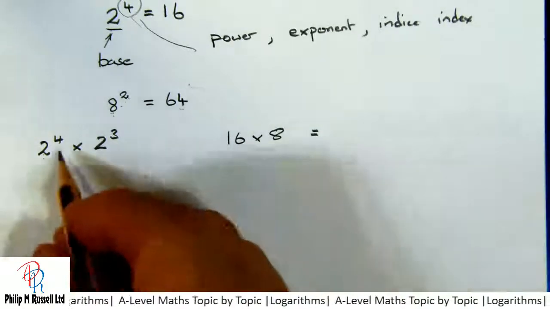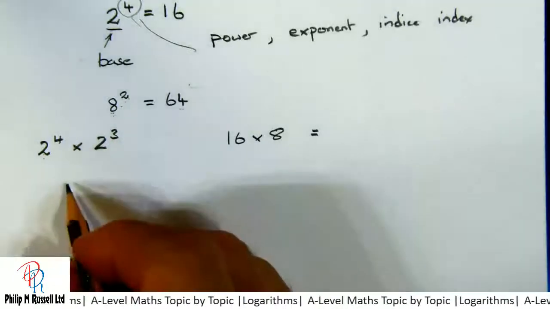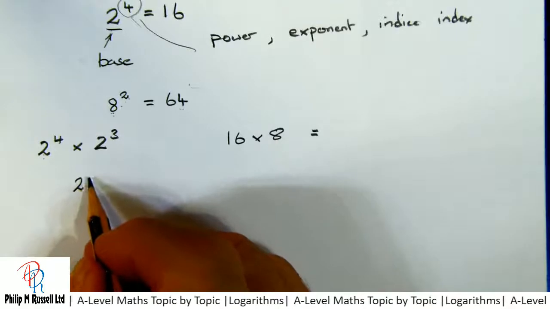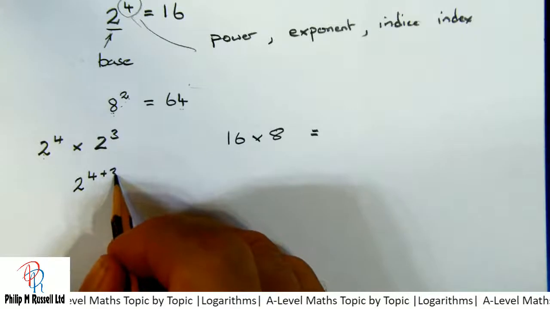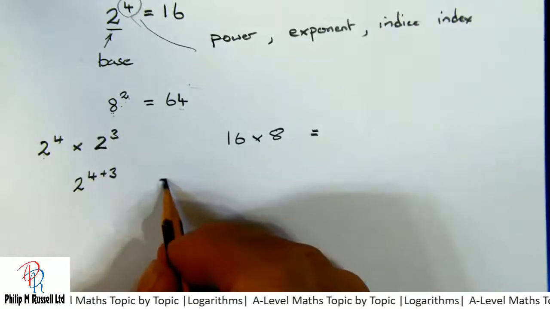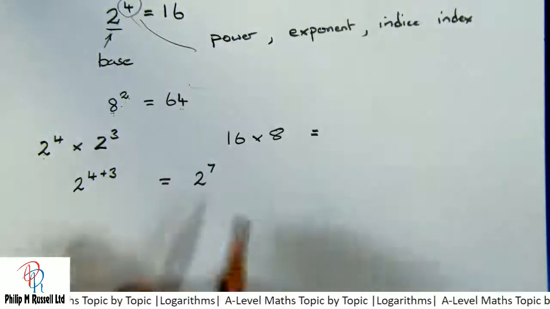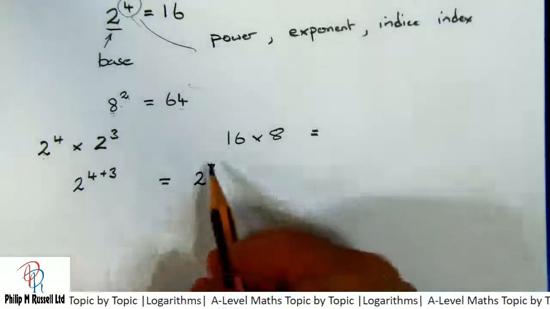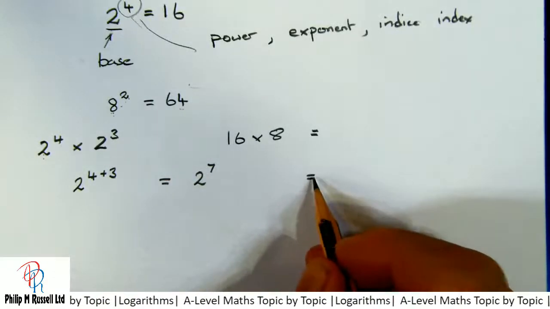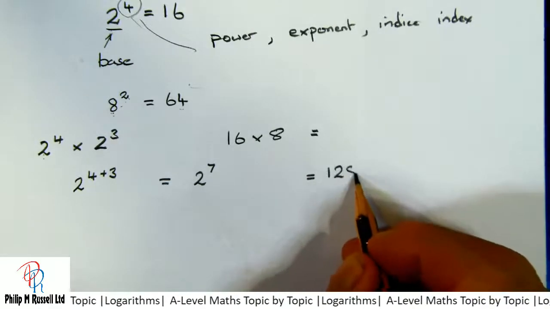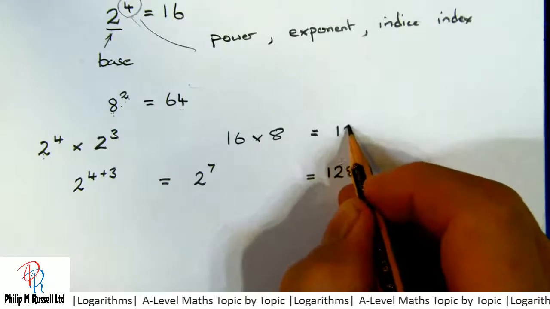But we know that when we're playing around with these indices, we could say this is the same as 2 to the power of 4 plus 3, which gives us 2 to the power of 7. And I can easily work out that 2 to the power of 7 is 128, which is what 16 times 8 is.